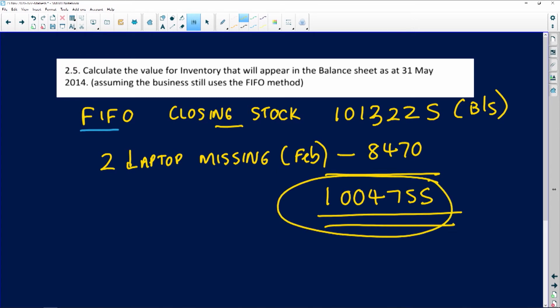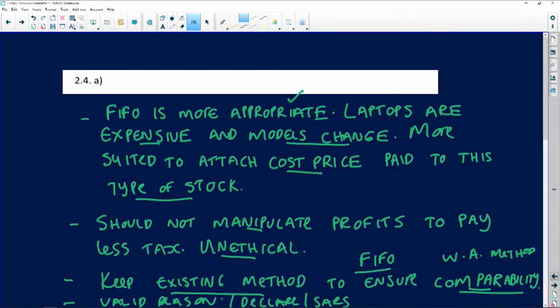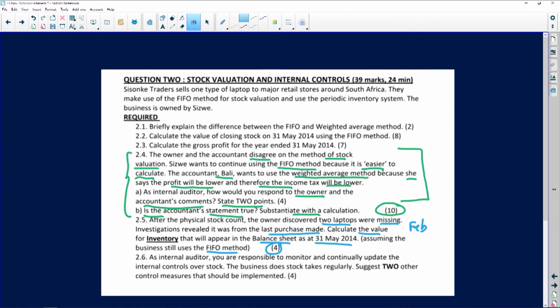Right, we've got the last few minutes left, so let's see if we can quickly do the last question. So the last question, 2.6, wants us to, as internal auditor, you are responsible to monitor and continually update the internal controls over stock. The business does stock takes regularly, suggest 2 other control measures that should be implemented. Okay, and this is for 4 marks.